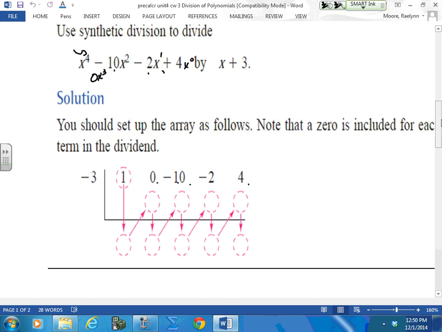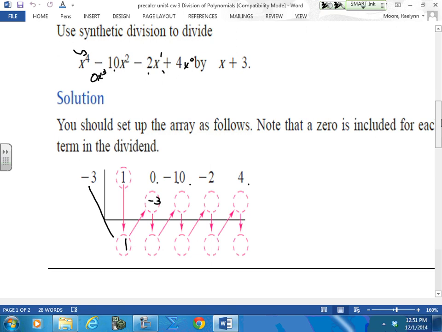Now here's your pattern. If I cover this, you see everything goes down, multiplies to the right, down, multiplies to the right, down, multiplies to the right. This is your pattern for synthetic division. First time through, you're going to bring this guy down. We have no place to start otherwise. And now we're going to multiply. Negative 3 times 1, and we put it up here to the right, negative 3.